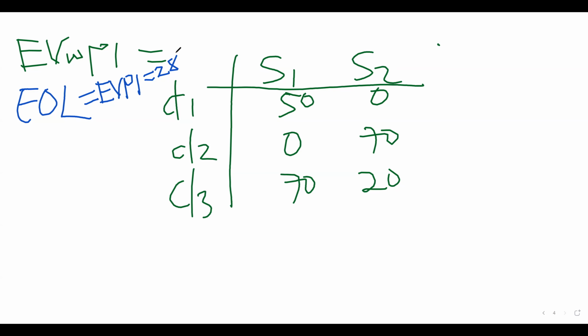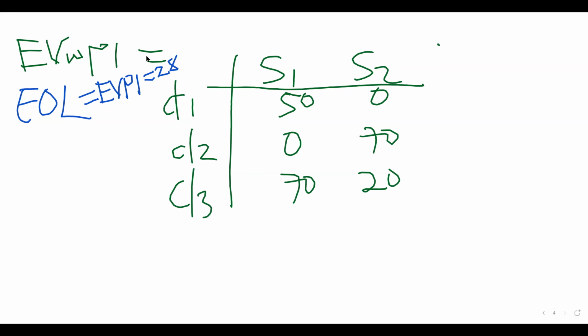Those regret tables we calculated were the extent of the regret. But now we're going to convert the regret tables into monetary values. That is the essence of the expected opportunity loss approach.